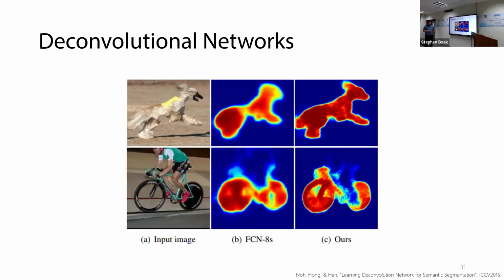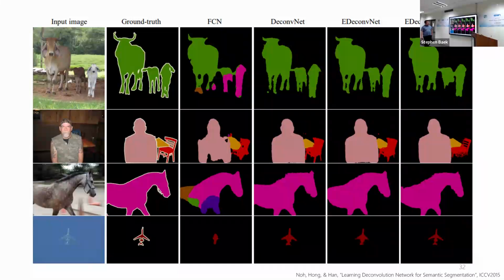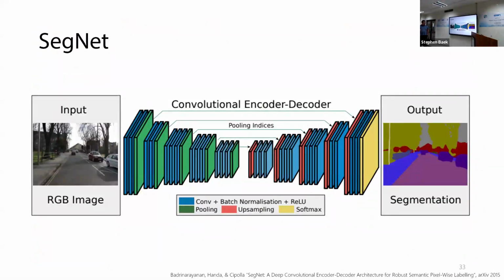So the pixels that belong to the bicycle will be highlighted, whereas pixels belonging to the background or the person will not be highlighted. So this is kind of how the initial, pioneering thoughts were in this whole idea of convolutional autoencoders.